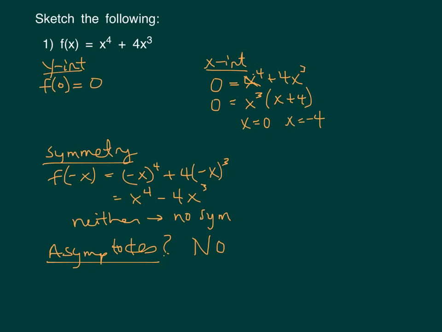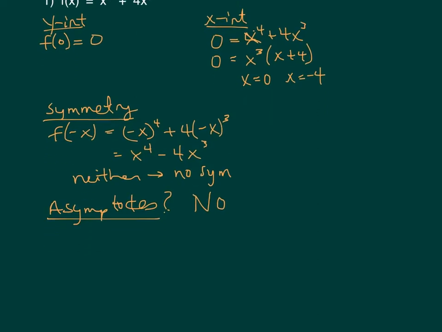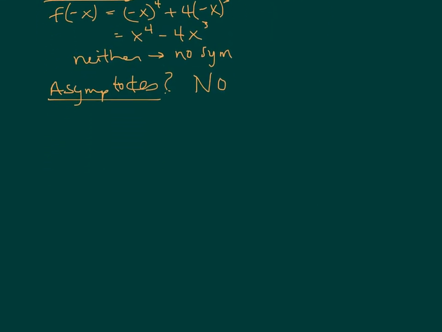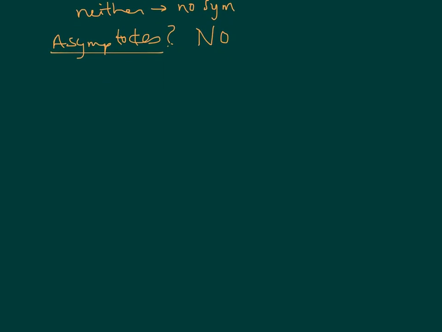Okay, moving on. The next thing we need to do is get that first derivative. So we write out first deriv. We take the first derivative of this function and we get 4x to the 4th and then plus 12x to the 3rd.